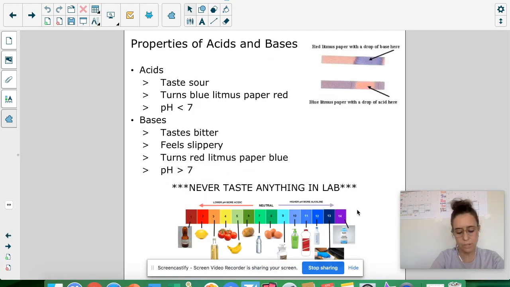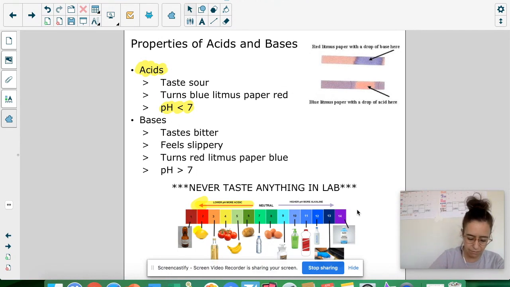The main properties of acids, which are substances that have a pH lower than 7, so are in this diagram that we have down here, those are the substances over here on the left of the diagram. The main properties of the acids is that they taste sour, for example.